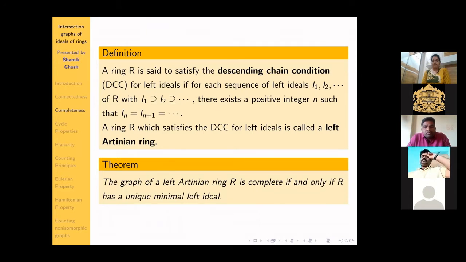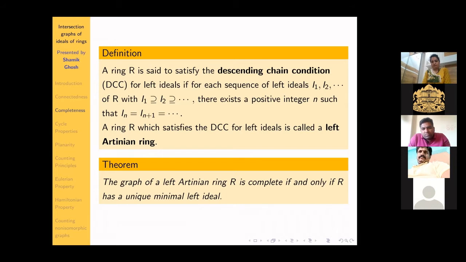So suppose you get a sequence of ideals where one contains the next, the second contains the third, contains the fourth, and if every such descending chain terminates after some finite number of terms, then we say the ring is an Artinian ring. If we do it for left ideals, we say it is a left Artinian ring.